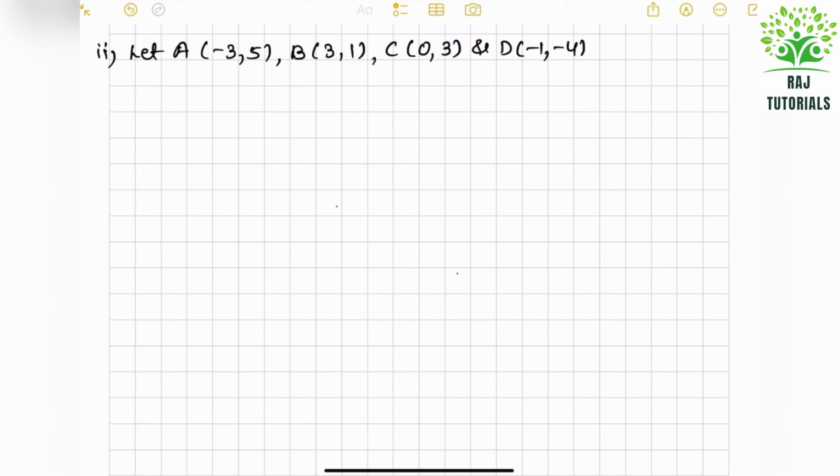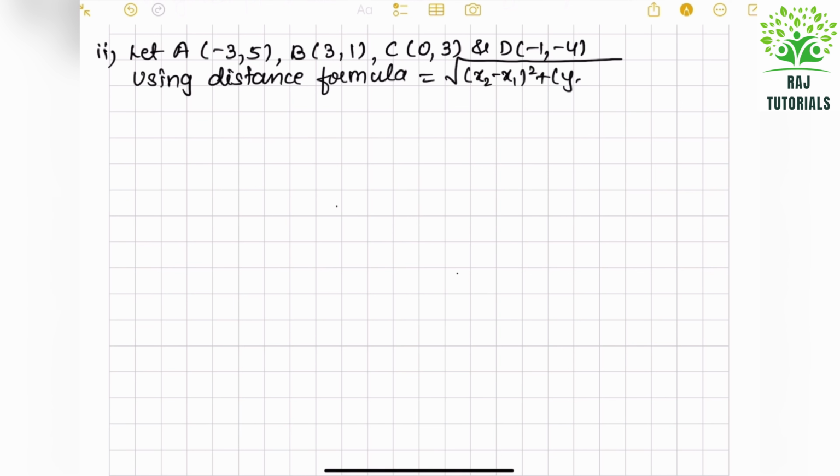Now second one, let A (-3, 5), B (3, 1), C (0, 3) and D (-1, -4). Now let us find, using the distance formula, the distance between them. Using distance formula, that is root of (x2 minus x1) whole square plus (y2 minus y1) whole square.